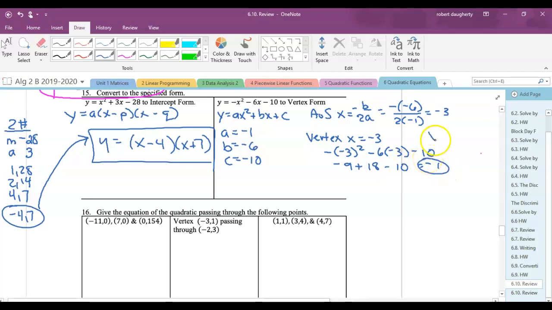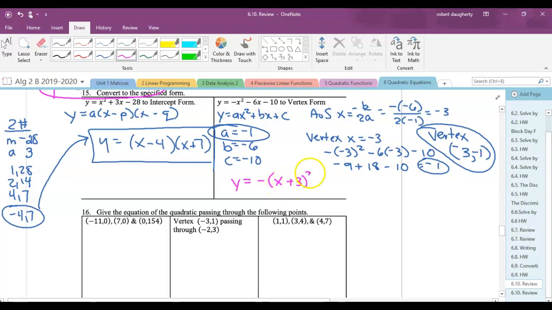So I know that the vertex is negative 3, negative 1. If I know the vertex, then I can get this in vertex form. I know a and I know the vertex. So this is y equals negative (x plus 3) squared minus 1. That gives me the vertex form of this.